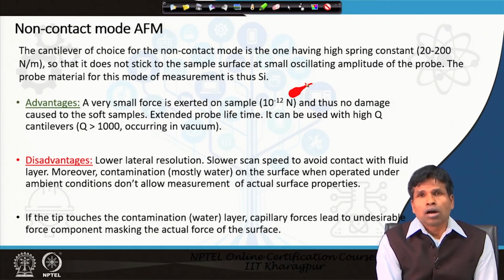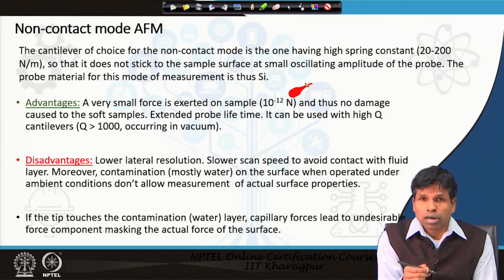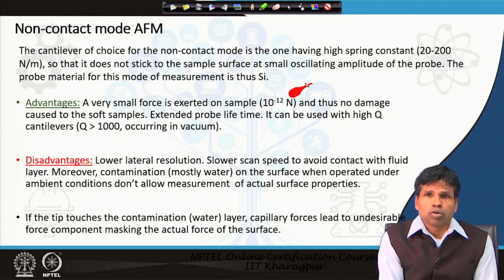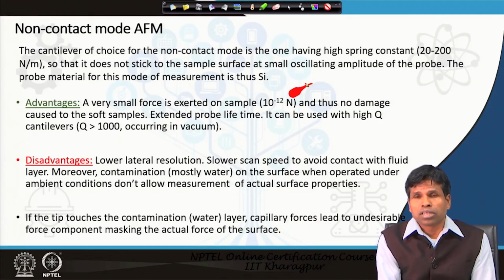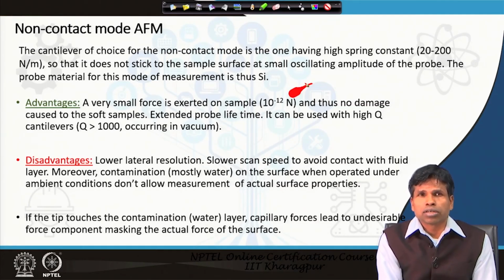Disadvantages: lower lateral resolution, because here the tip does not come in contact with the sample surface, it is away. We are measuring the force above the sample, not directly when the probe is touching the sample, therefore lateral resolution is poor. A slower scan speed is needed to avoid contact with the fluid layer. AFM operates both inside fluid or in ambient conditions, and in ambient conditions there is a chance of water contamination on the surface of the sample.